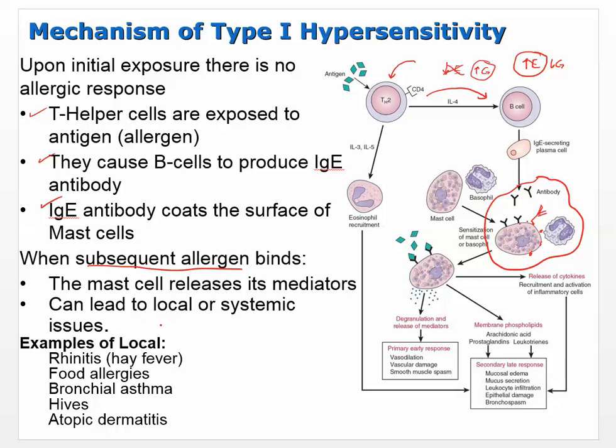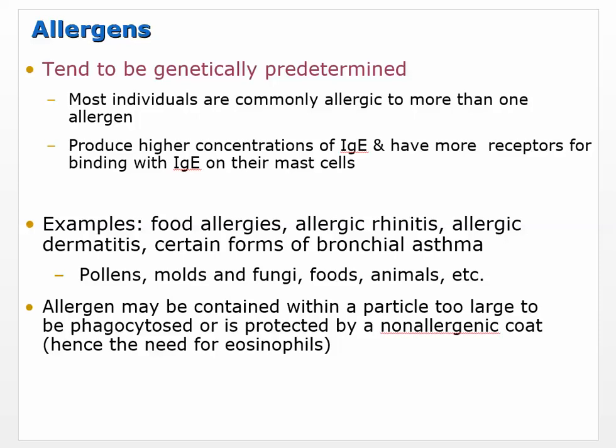We prefer to have local, obviously, but local could be rhinitis, food allergies, bronchial asthma, hives, some of the stuff we mentioned before. Okay, so allergens, like I said, tend to be genetically predetermined. Most people who are allergic to one thing tend to be allergic to more than one thing, so they are commonly allergic to more than one allergen.